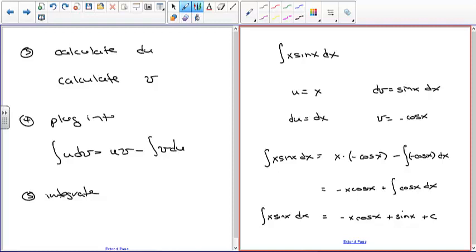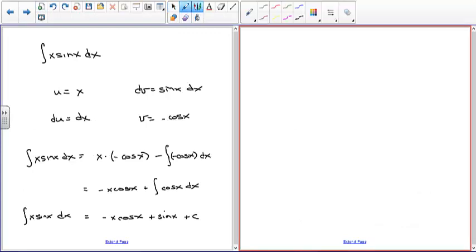Okay, now let's look at another one. Let's say I have the integral of x squared cosine of x dx. So instead of having x, I have x squared.